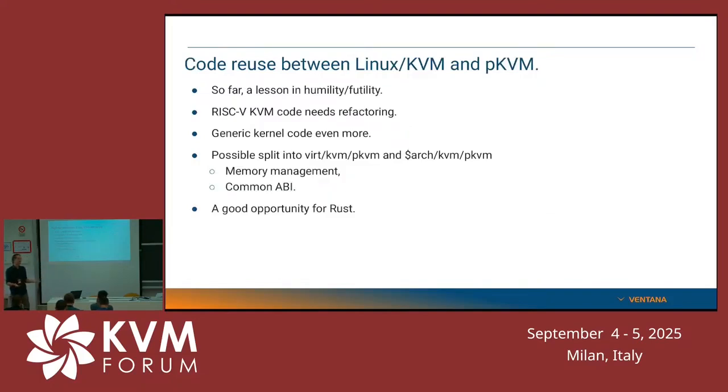So, well, it's basically the same as what KVM does. So let's try to reuse as much of KVM as possible. And well, it didn't turn out to be so easy, because first, KVM is using a lot of infrastructure of the kernel that has far-reaching global data structures.